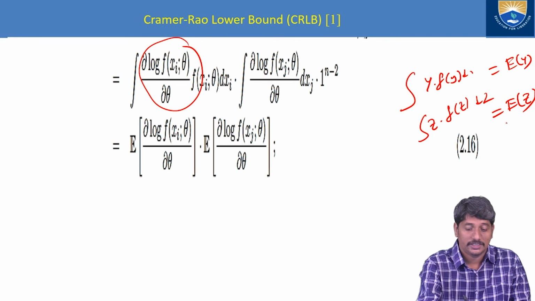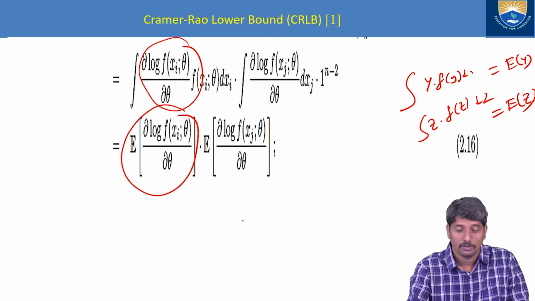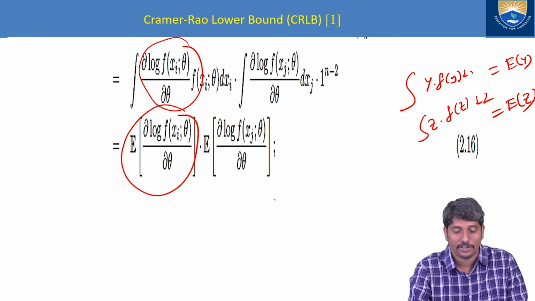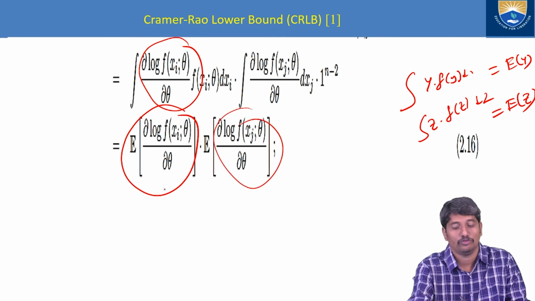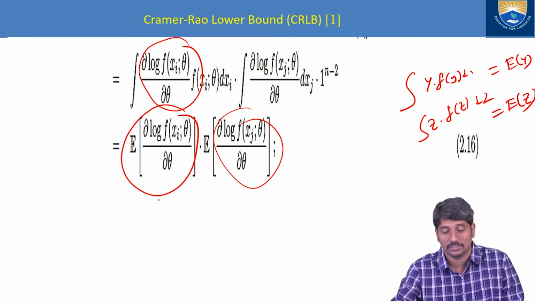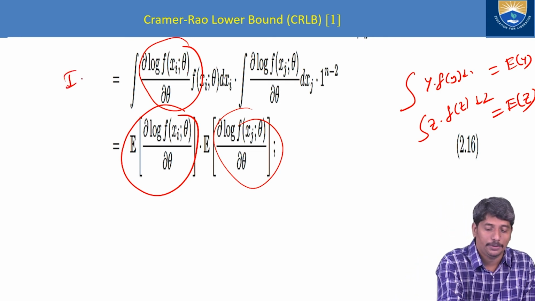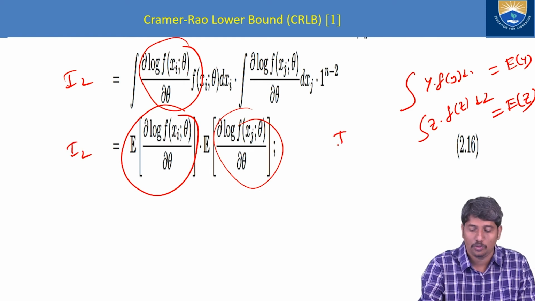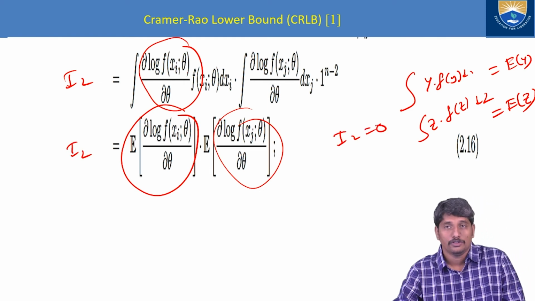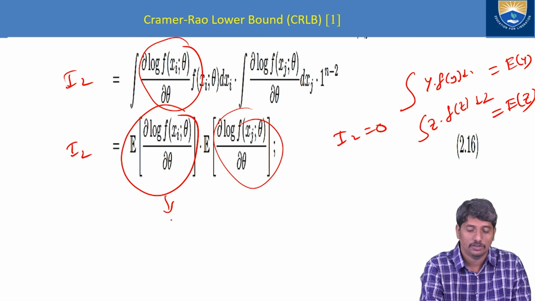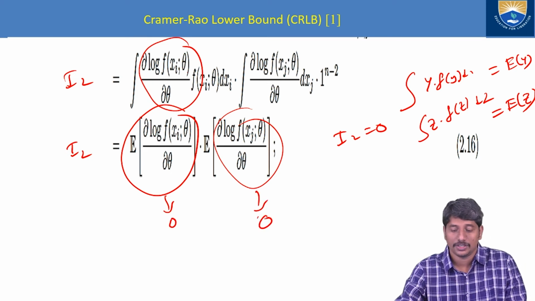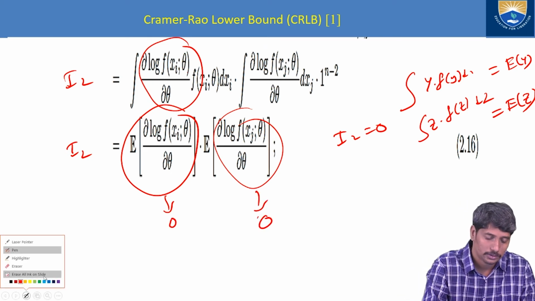This is the expectation of ∂/∂θ of log f(xi, θ). This is the expectation of ∂/∂θ of log f(xj, θ). Now, this is I2, and our intention is that I2 equals 0. So we have to prove that this is 0 and this is 0, then we are done. Now we are going to do that.